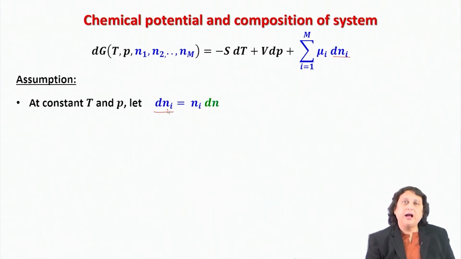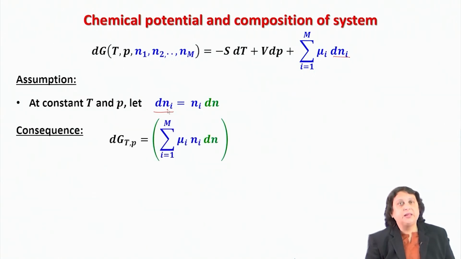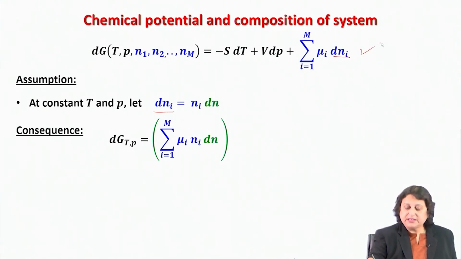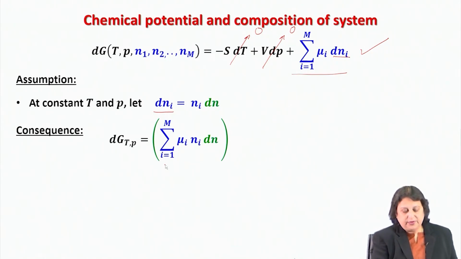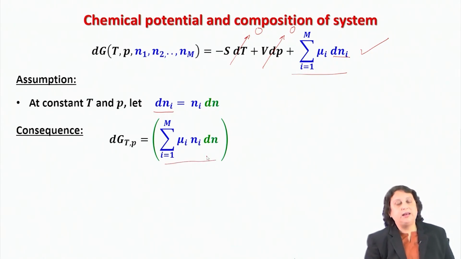As a consequence, dG at constant T and P, from this expression, will have no contribution from this term and no contribution from this term, but only this term. This would be given by the sum of mu i Ni into dN.